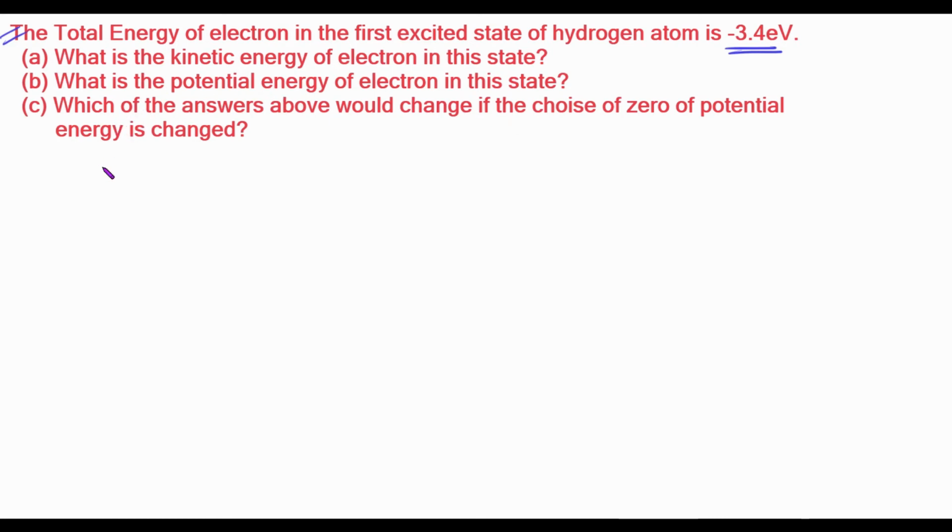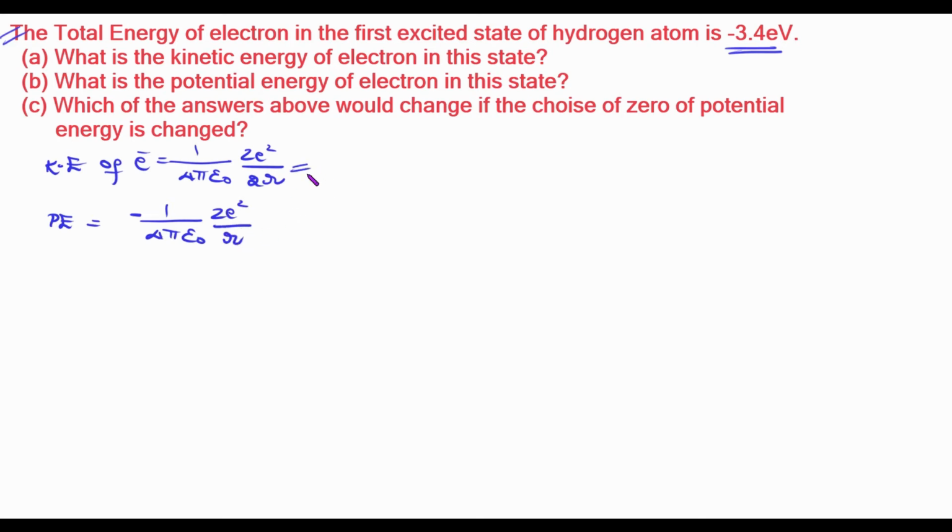So here the kinetic energy of electron is equal to 1 divided by 4 pi epsilon naught, z e square divided by 2r. We have learned this during the derivations already. And the potential energy is given by minus 1 divided by 4 pi epsilon naught, z e square divided by r.